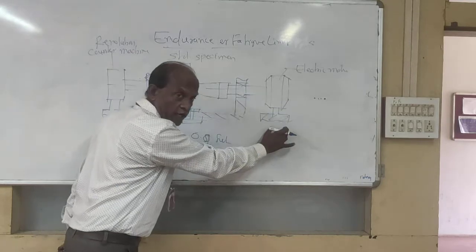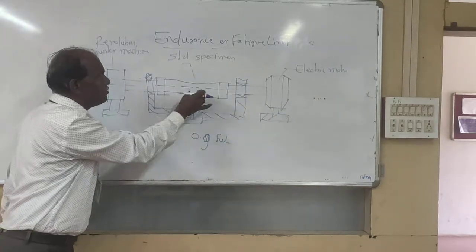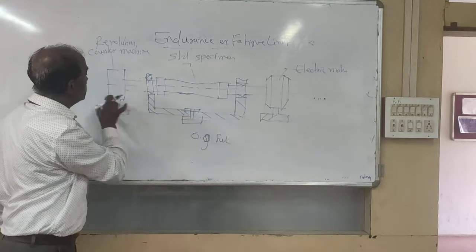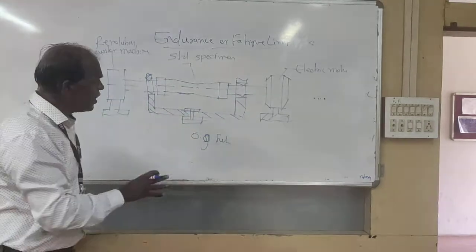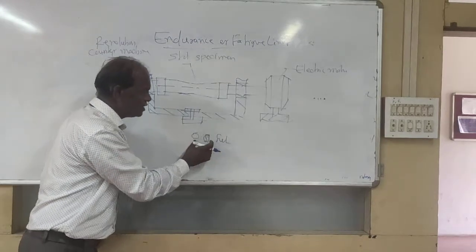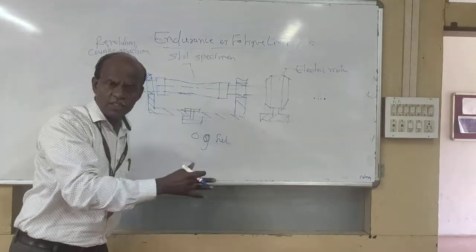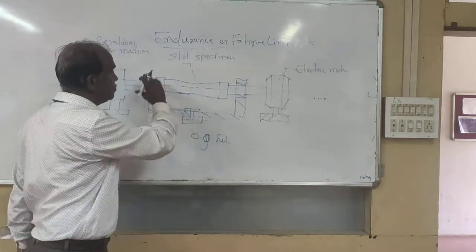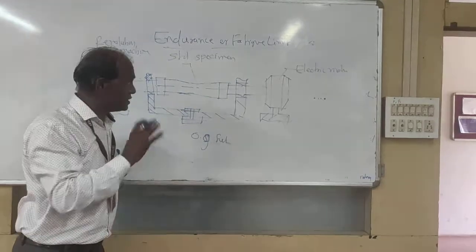Again the motor is rotated, the next standard specimen is attached, and again the revolution counter measures the number of revolutions before evidence of the first crack. Likewise, you go on reducing the load for each standard specimen, and you plot the failure points on the SN diagram, the SN curve.